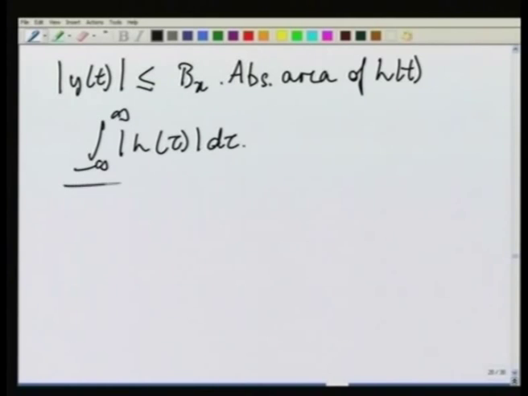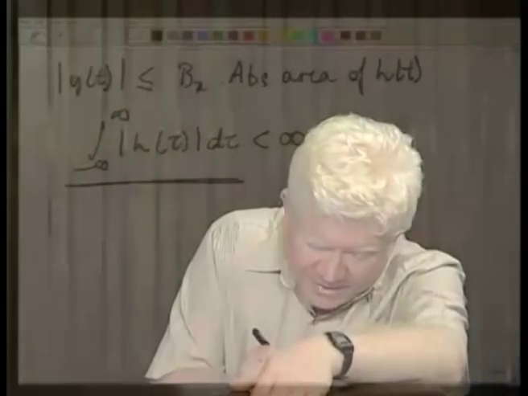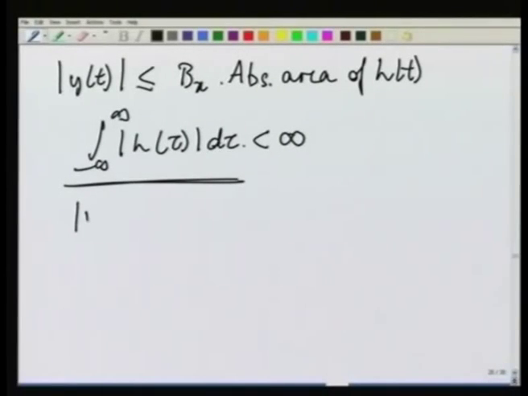If this quantity that we have called the absolute area of h(t) is finite, then Bx times this is also finite, because any finite number multiplied by another finite number is also a finite number, and thus mod y(t) will also be finite.